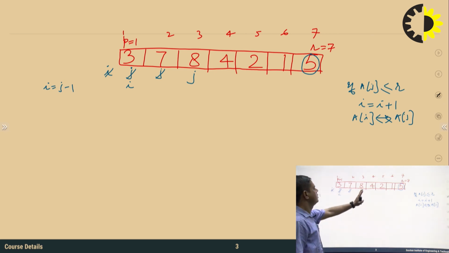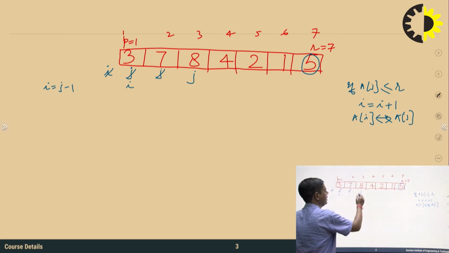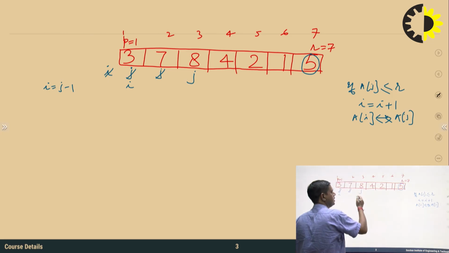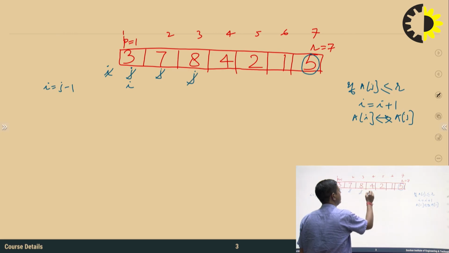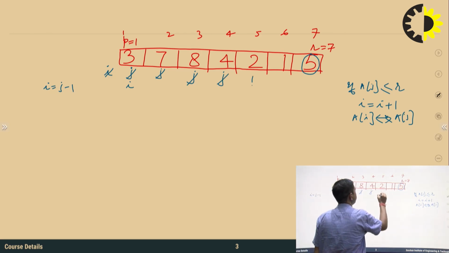Again, the jth index element is compared with the pivot element. 8 is compared with 5. 8 is greater than 5. Then simply we have to increase j by 1.